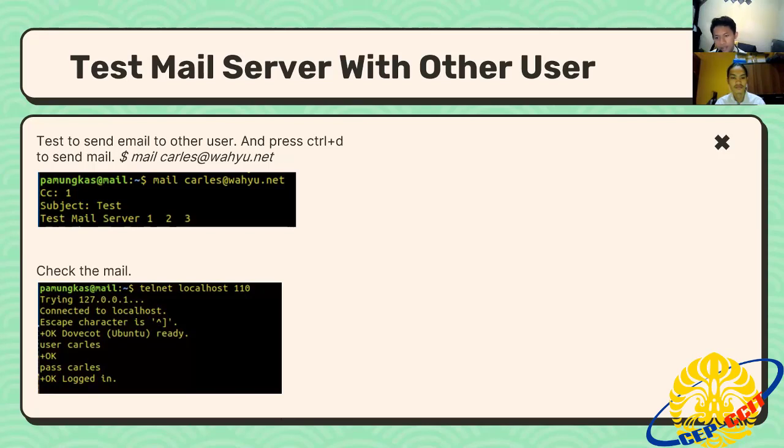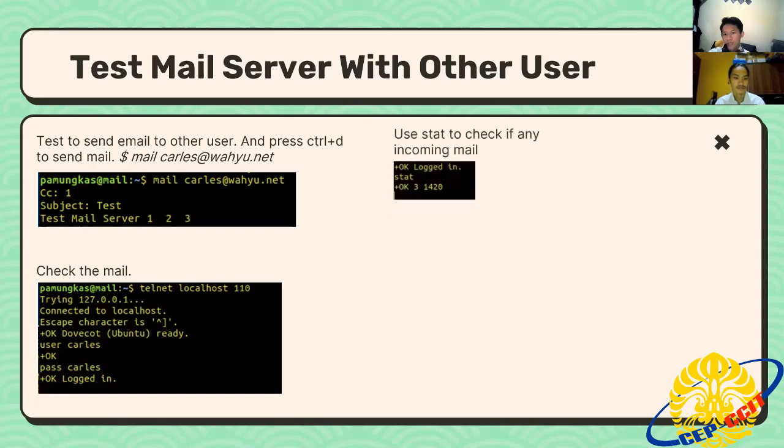This is the POP3 port, and we fill the username and password, user charles, and password is charles. After we log in, we check whether there is incoming mail using stat. Stat means status.